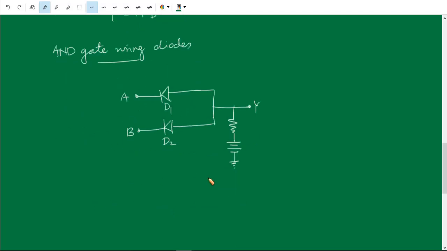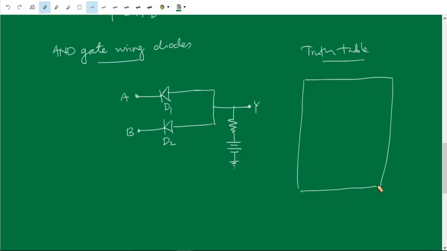Now let us see the truth table. The truth table of the AND gate: for an AND gate the output is high only when all the inputs are high.